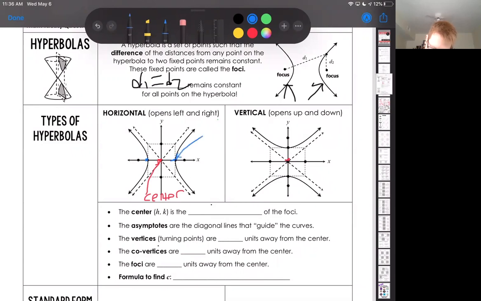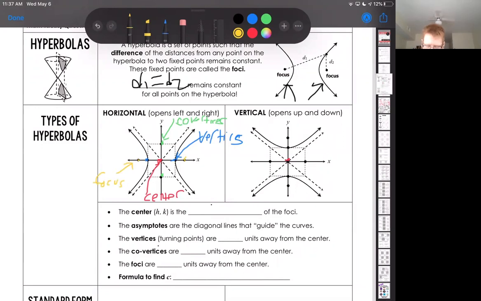So these blue points are my vertices. The points here, on this box, are my co-vertices. And these yellow points, outside our branches, are our focus points.